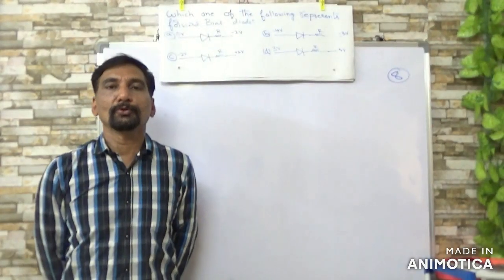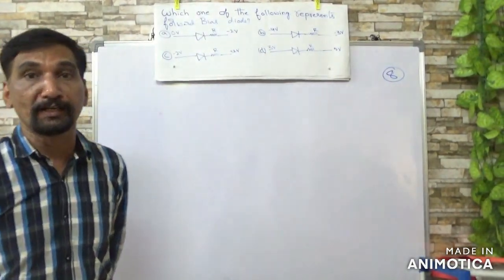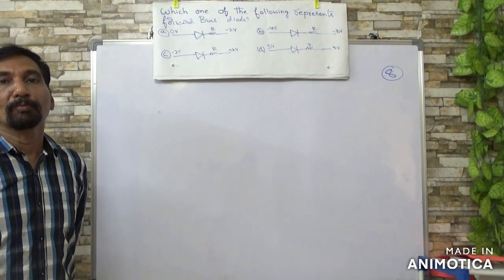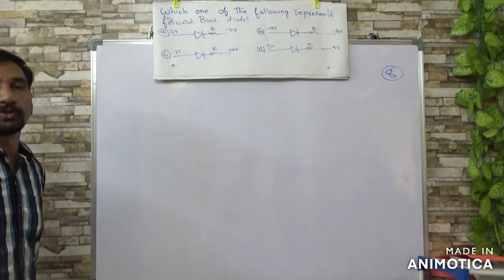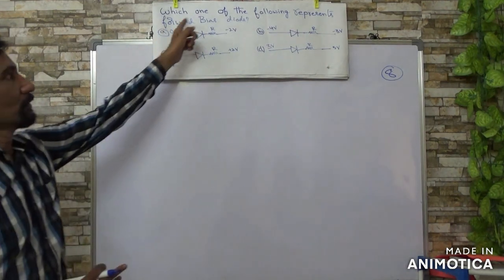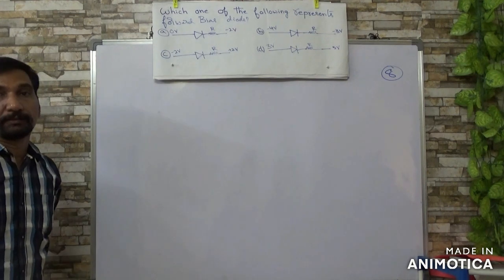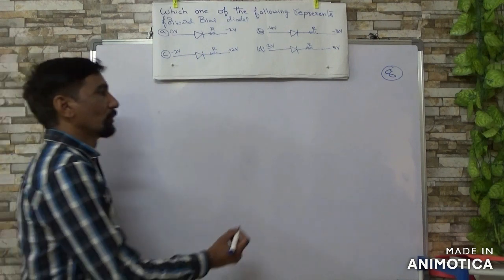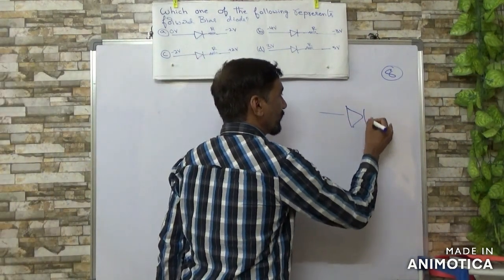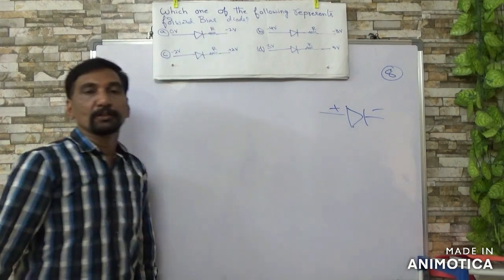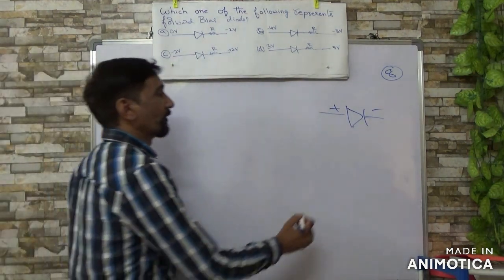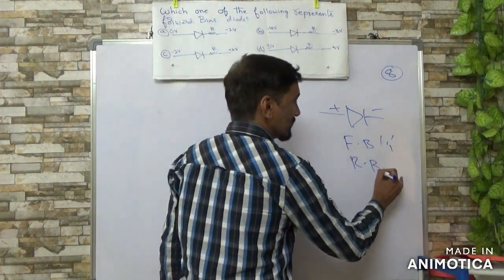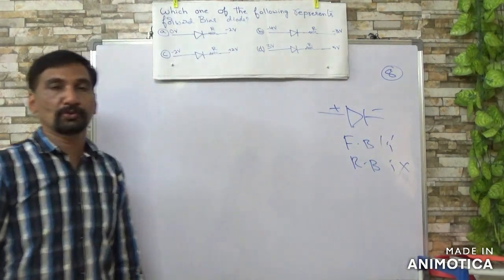Based on diodes and semiconductors also, you will definitely be given 2-3 questions in the competitive exams. Suppose you are given a question: find the diode which is connected in forward bias. A diode is a valve with cathode and anode. Whenever a diode is connected in forward bias, current definitely flows. In reverse bias, current does not flow.